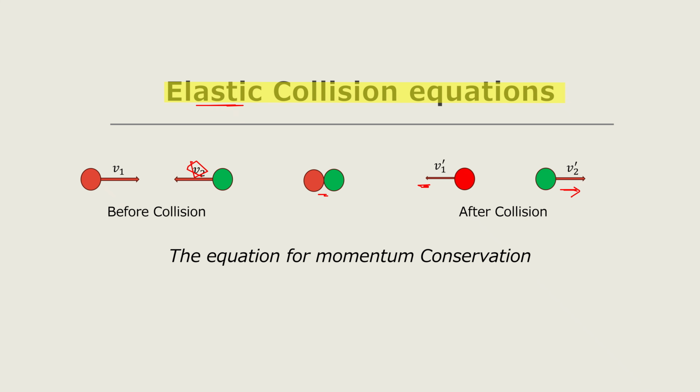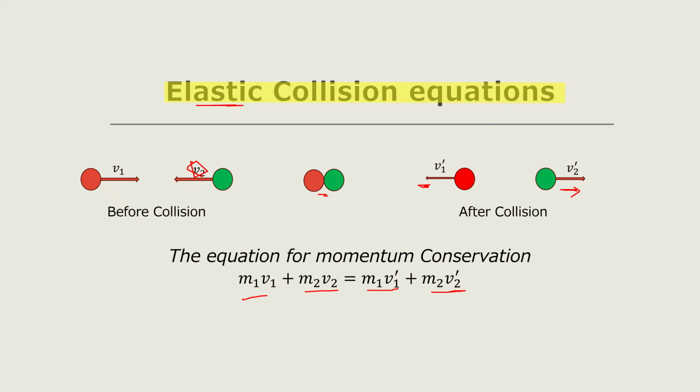So now the equation for conservation of momentum will be m1 v1, the momentum of the first object, plus the momentum of the second object, equals the momentum of the first object after collision plus the momentum of the second object after collision.